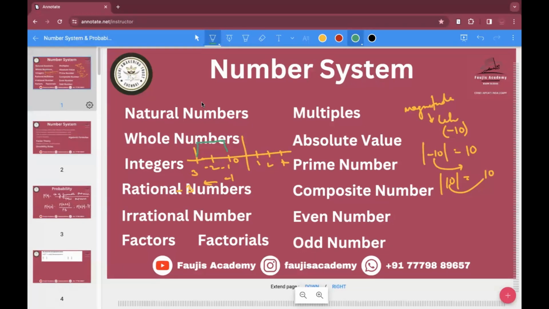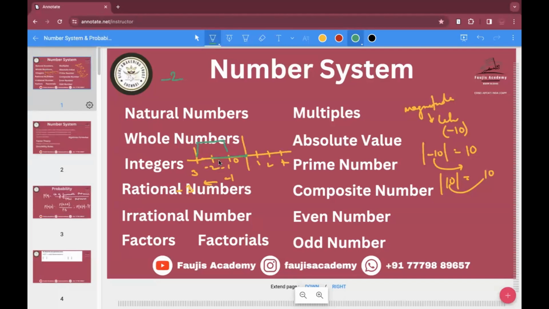The absolute value is defined as the distance which can be plotted on the number line. Right, guys? So if I have to tell you -2, the absolute value is calculated from the origin up till that number. What is the length?